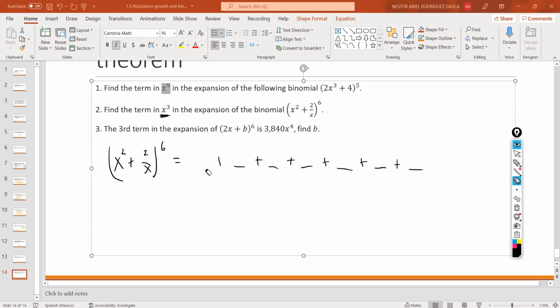Let me erase this. The quick approach that we can take is the following. Understand that the first term in the expansion of the binomial, when you only take a look at the variables, forget for a moment about the binomial coefficients. So in this case, forget about 6 choose 0. Whatever number this is, we don't care.